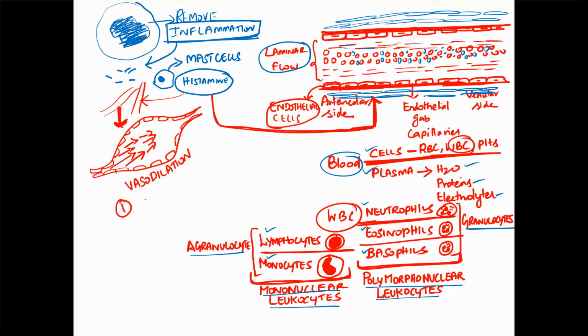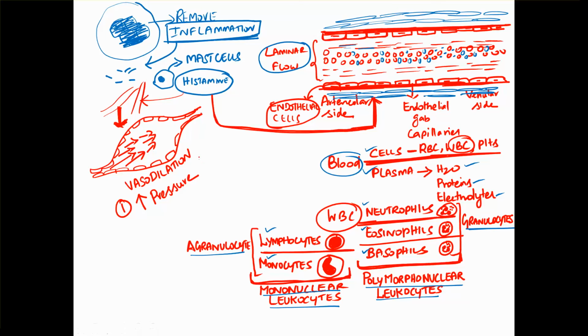One is it increases the pressure, and when the pressure increases, the fluid goes out. That is called increased vascular permeability.